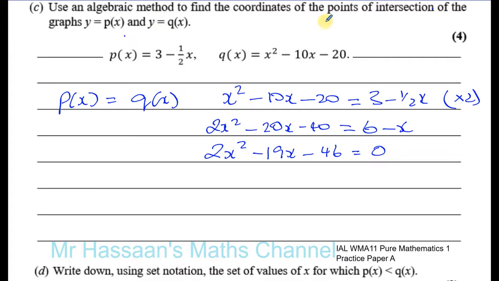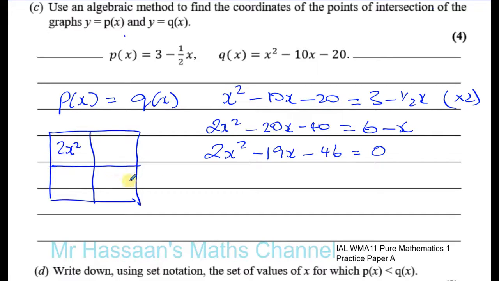So I need to solve this quadratic equation. The way that it mentions us to give the answer here, there doesn't seem to be any particular form mentioned, so I guess we can factorize. So let's go to factorizing, so we can make our little window for splitting the term. So we've got 2x squared and minus 46, and in these two places I know these two numbers multiply to give me negative 46 times 2, which is negative 92.